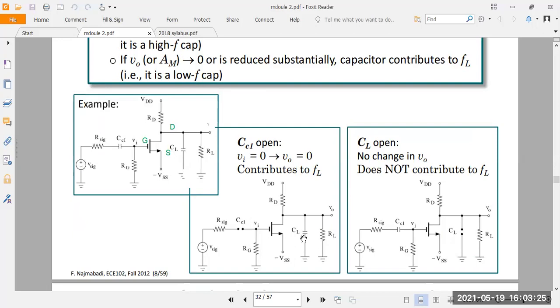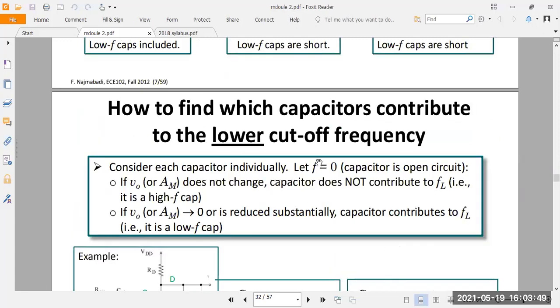When the load capacitance is an open circuit, there is no change in the output voltage. This is the low frequency response: whatever external capacitance is there, all of it acts as an open circuit for the lower cutoff frequency.